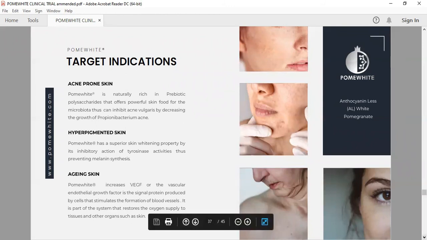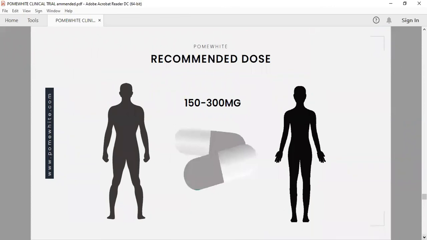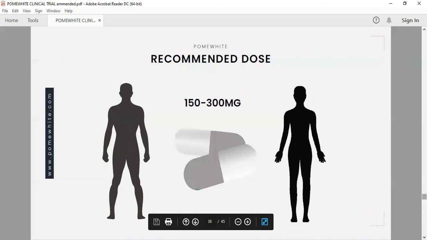The recommended dose for Pomewhite is 150 mg to 300 mg, because you can see from the results that even at 150 mg per day for 8 weeks we got considerable results, but with 300 mg per day we got remarkable results, but the range is 150 to 300.